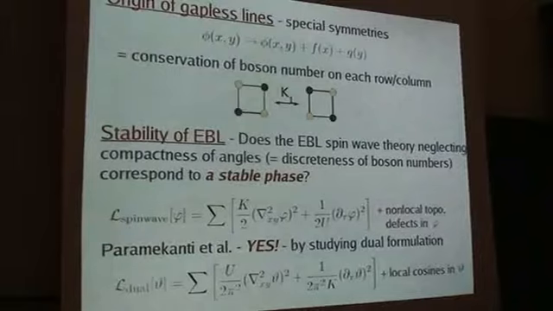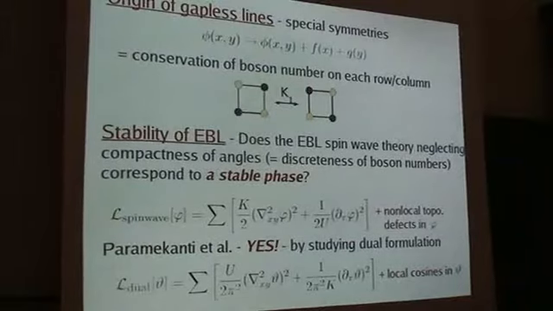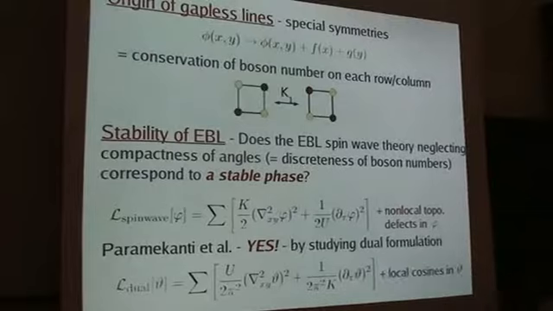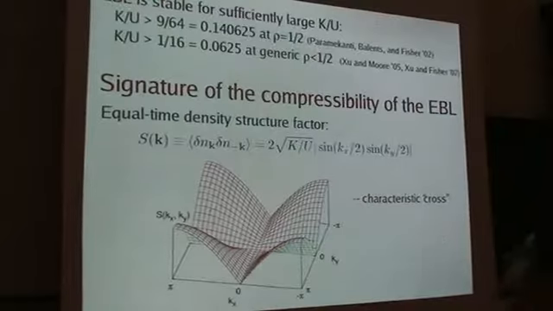Then you can ask, with respect to that fixed point theory, whether these terms are relevant or irrelevant. The relevance of this term depends on the values of k, so you can identify a range of k and u. Yes, it's actually the next slide.